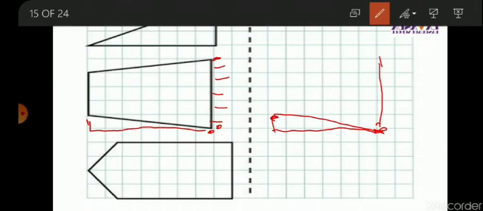I want you to start from the straight lines, okay? Start from the straight lines, and when I reach this line, I make a light line to make this line, okay?